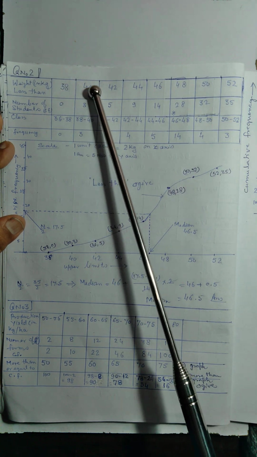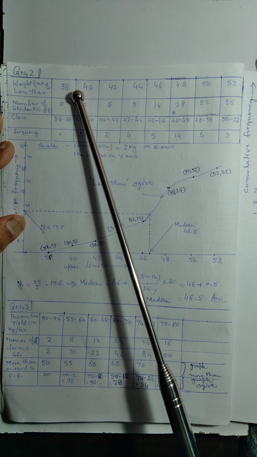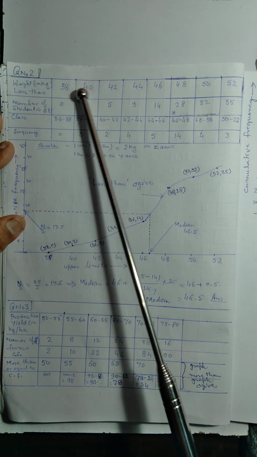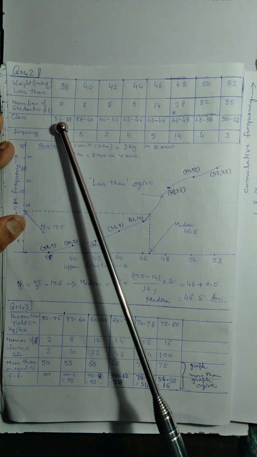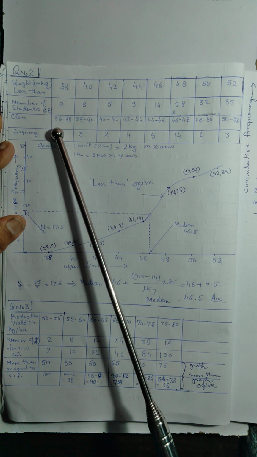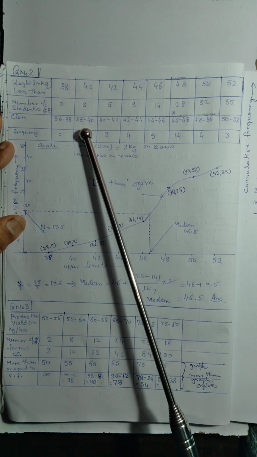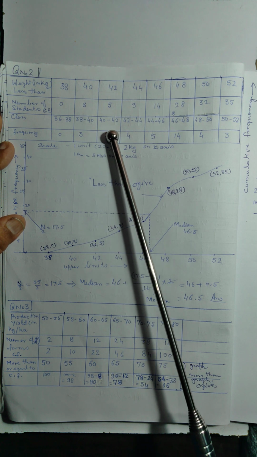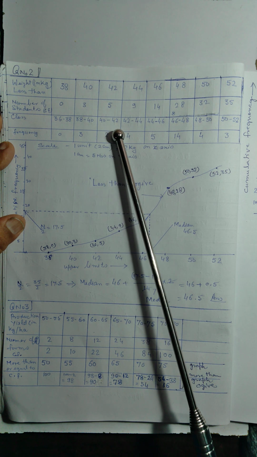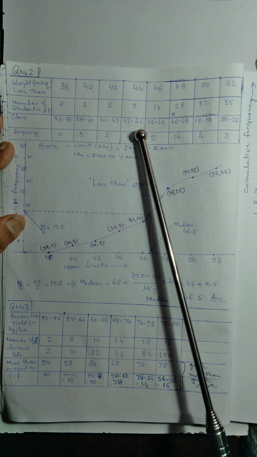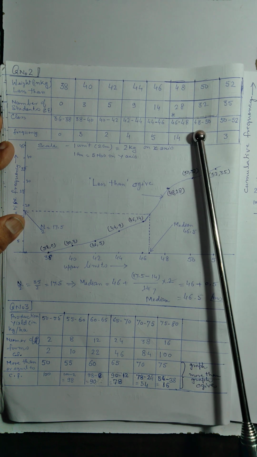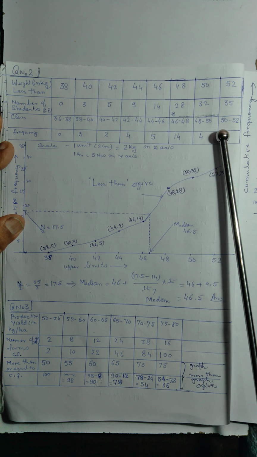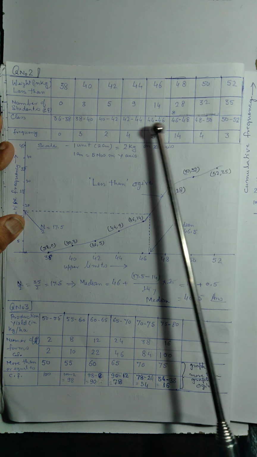So with the help of this, you can find out the class intervals. The first class will be 36 to 38, second class 38 to 40, third class 40 to 42, 42 to 44, 44 to 46, 46 to 48, 48 to 50, and 50 to 52.